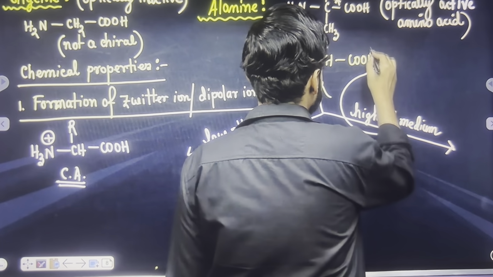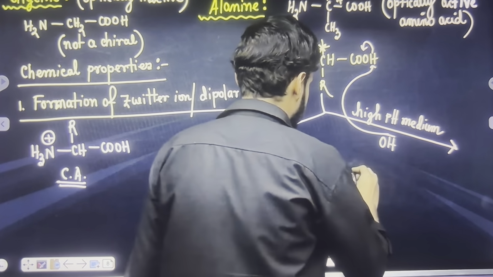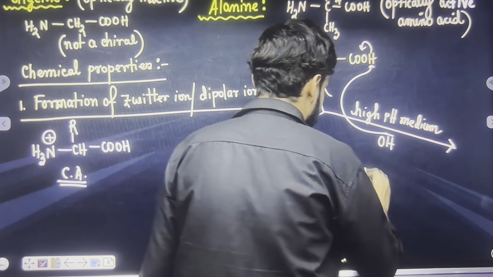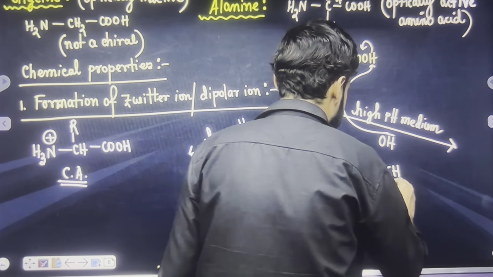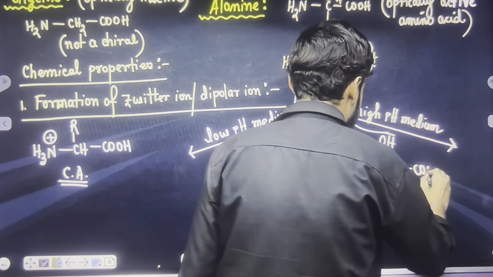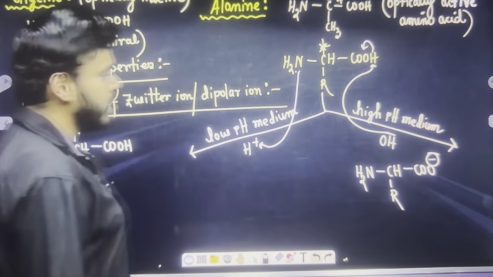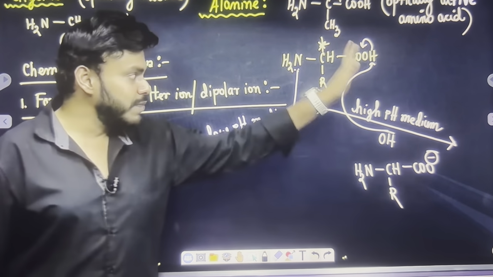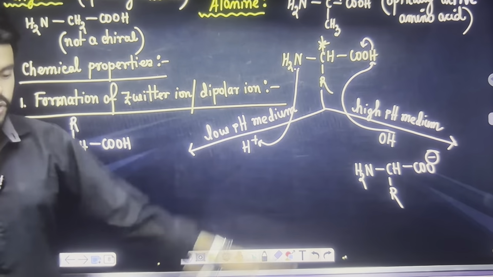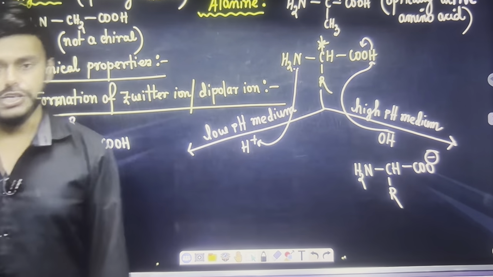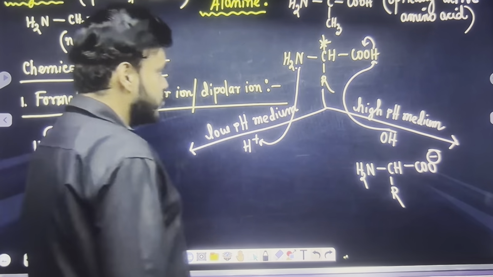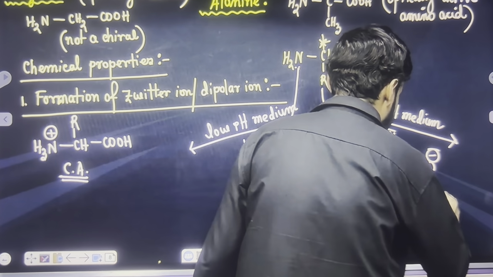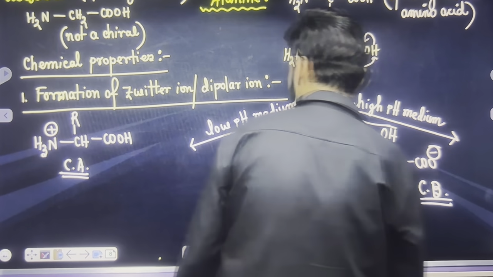It will snatch the H plus from the solution and it will be converted to NH2, CHR and COO minus. Whenever an acid loses a proton, it will be converted to its conjugate base.